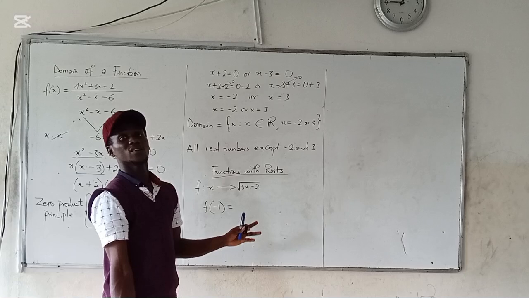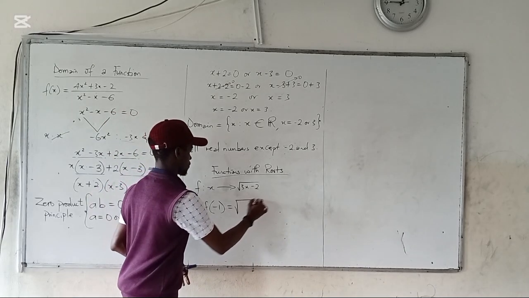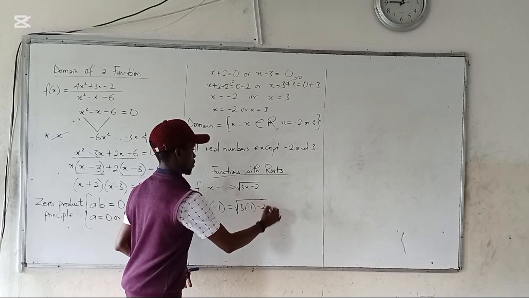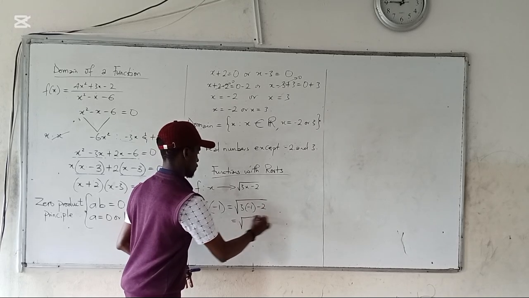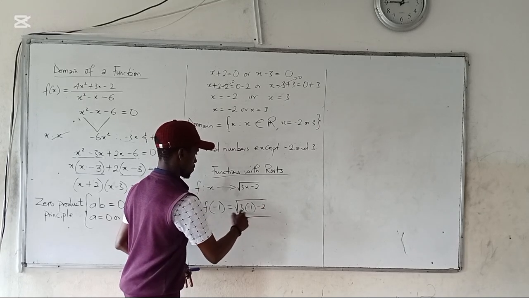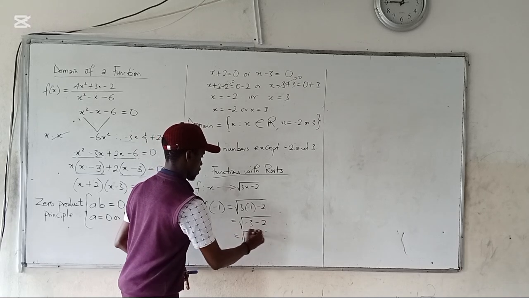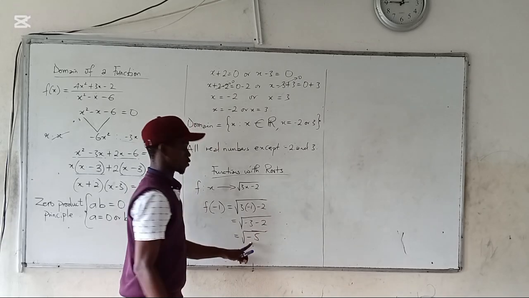What would that give me? That would be the square root of 3 times minus 1 minus 2. And that will give us the square root of minus 3 minus 2. That will give us the square root of what? Minus 5.